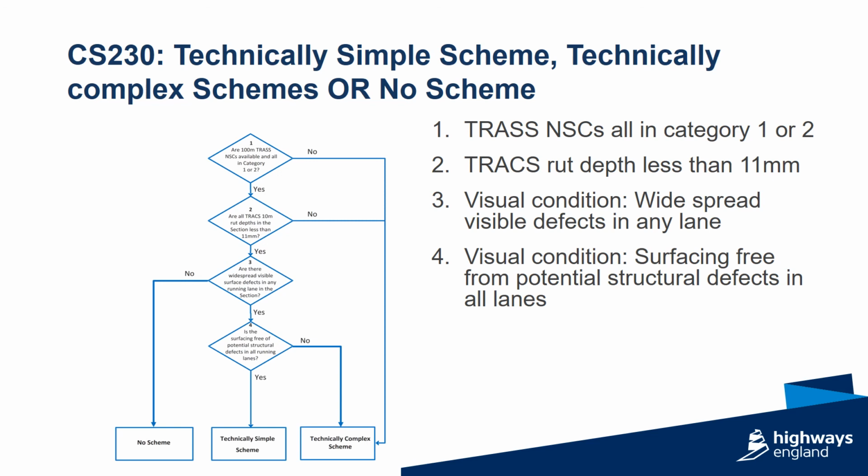They shall have TRASS NSC condition data in Category 1 or 2. The TRACS 10-metre rut depths shall be less than 11 millimetres. There shall be no widespread visual defects in any lane, and there shall be no visual signs of any potential structural defects across any of the lanes.